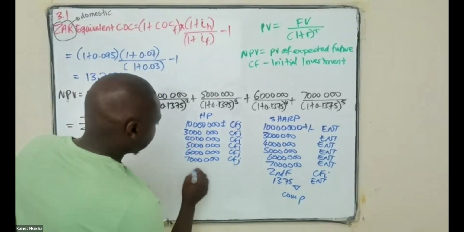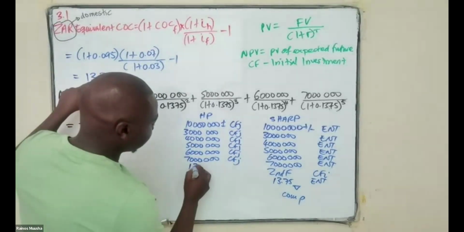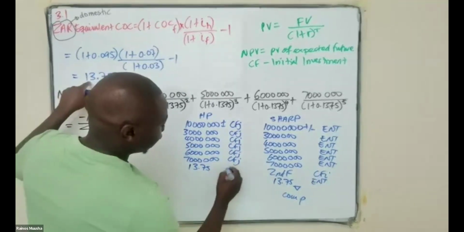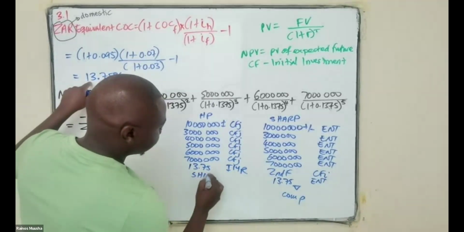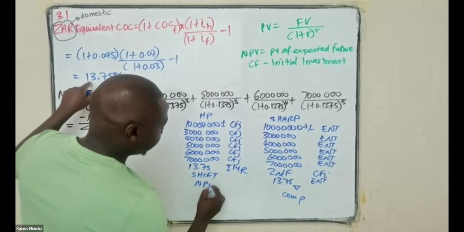Then you need to enter the interest rate. So we're going to say 13.75. You press the interest per year button, and then shift. Then you look for NPV.